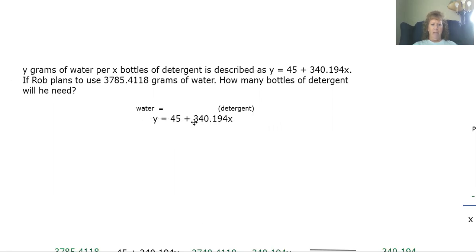If I keep the right-hand side the same and just substitute the amount that they've given me for Y, if Rob plans to use this many grams of water, I'll substitute that number for water. Now I have my equation completely written out with all the information from the problem.